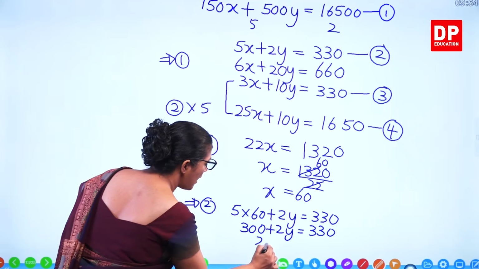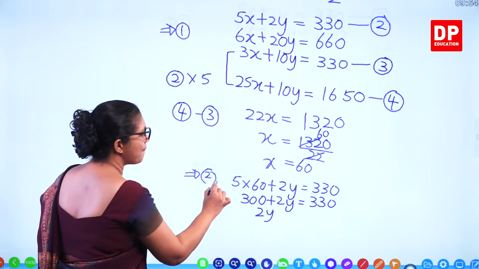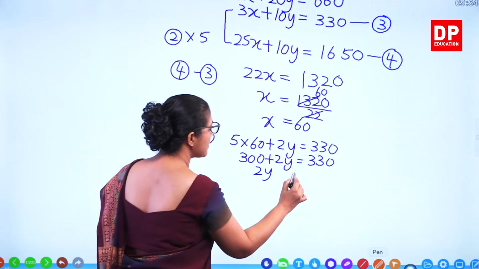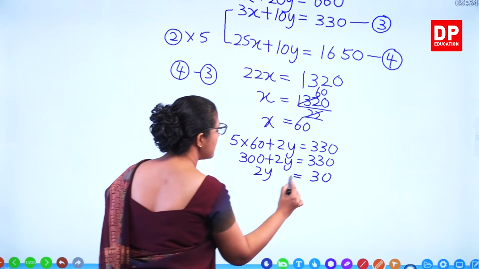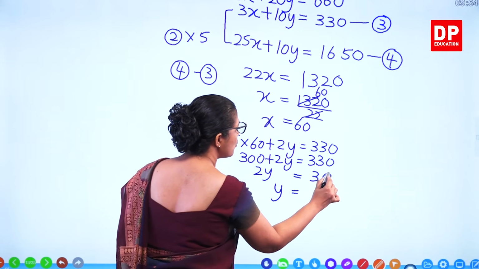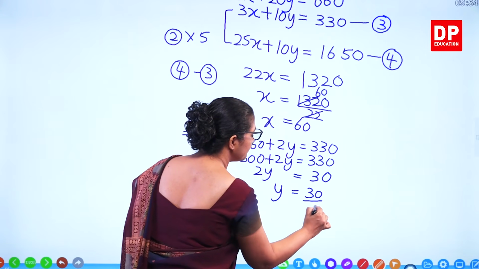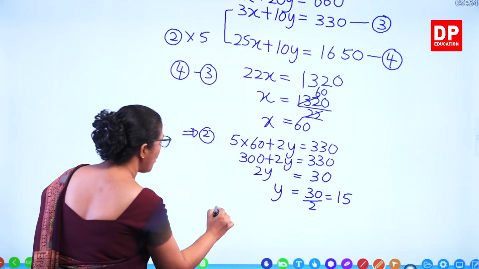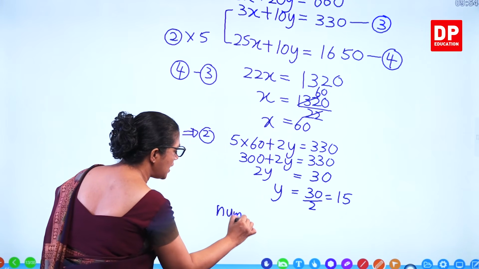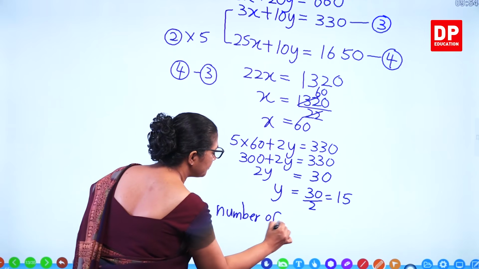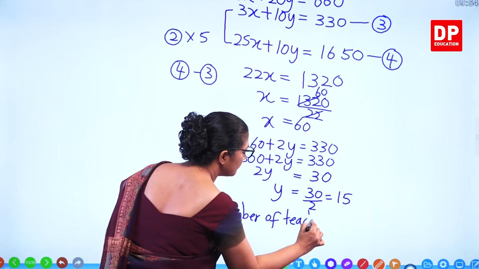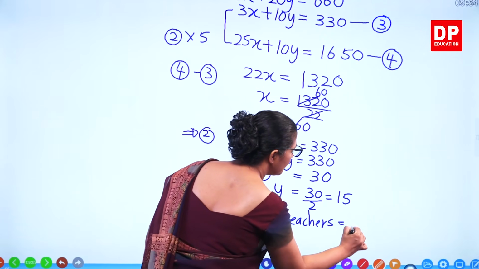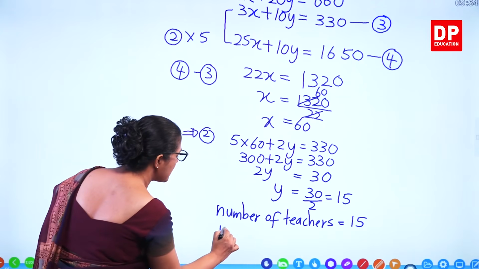You get 2y equals 330 minus 300, that's 30, divide by 2, that's 15. So the number of teachers is 15 and the number of students is 60.